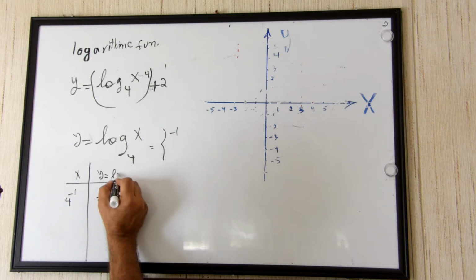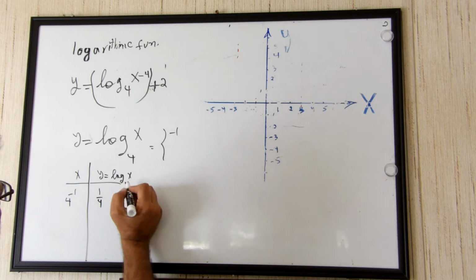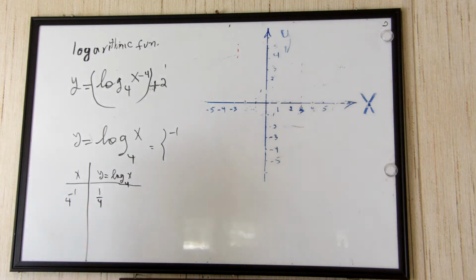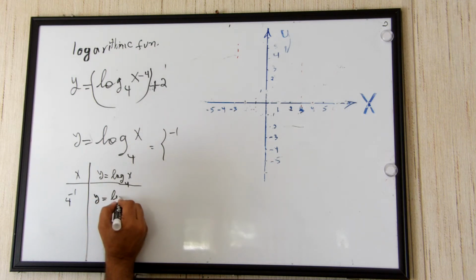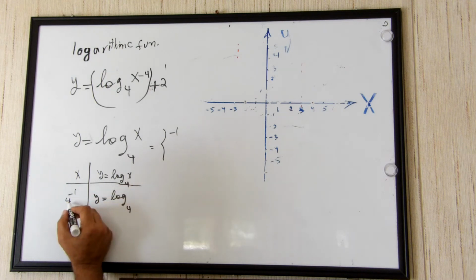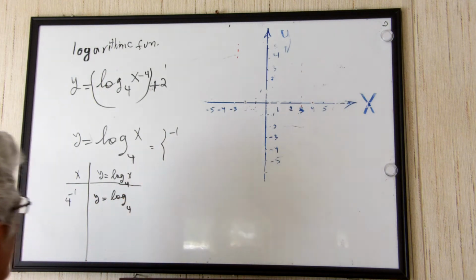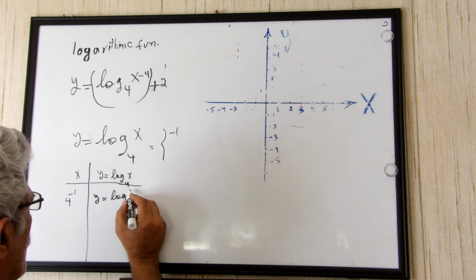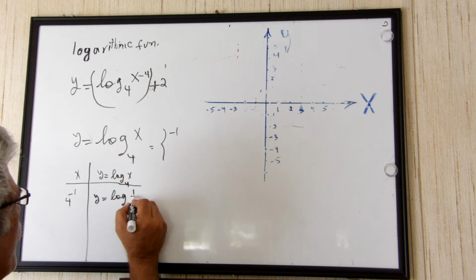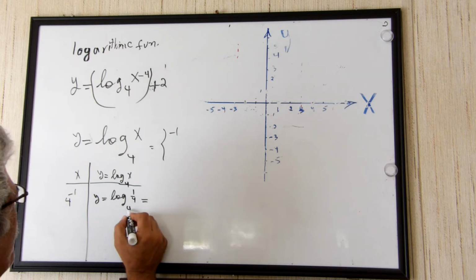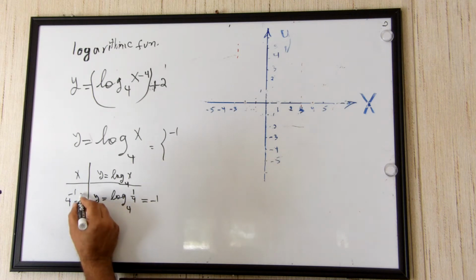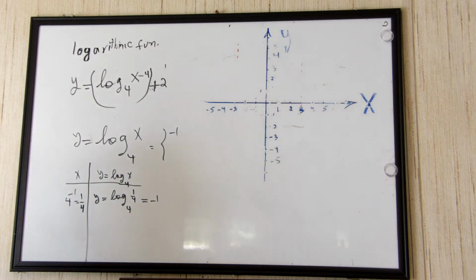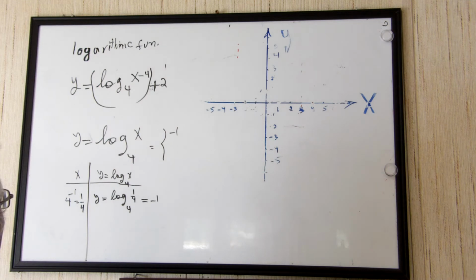I don't write all of this because it takes time, but for the first one we write it, for simplicity. So 4 to the power of minus 1 is 1 over 4.